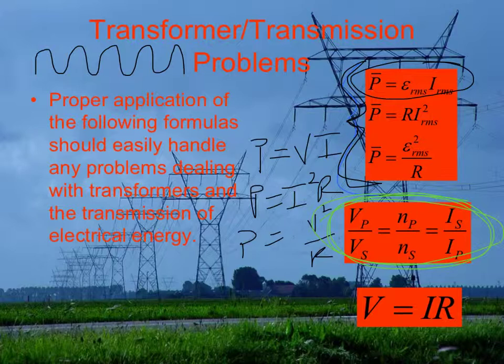And that ratio is also equal to the current in the secondary over the current in the primary. And then, of course, we have our good old reliable V equals IR. And between those basically 5 equations, you should be able to solve any transformer transmission problem you're presented with.